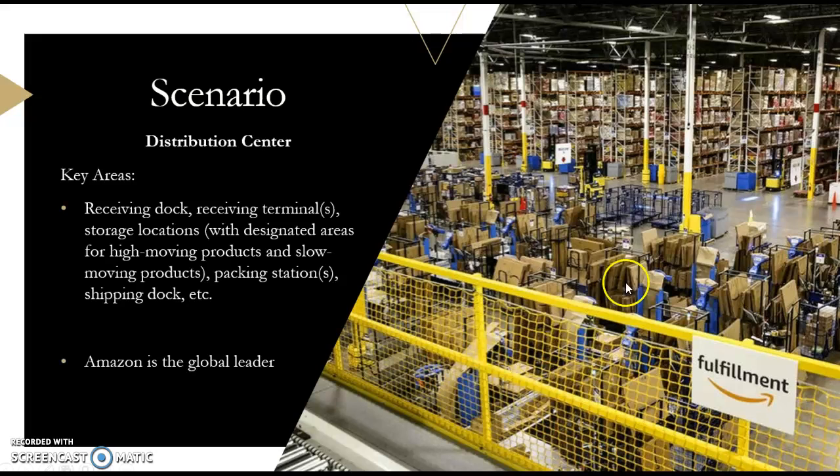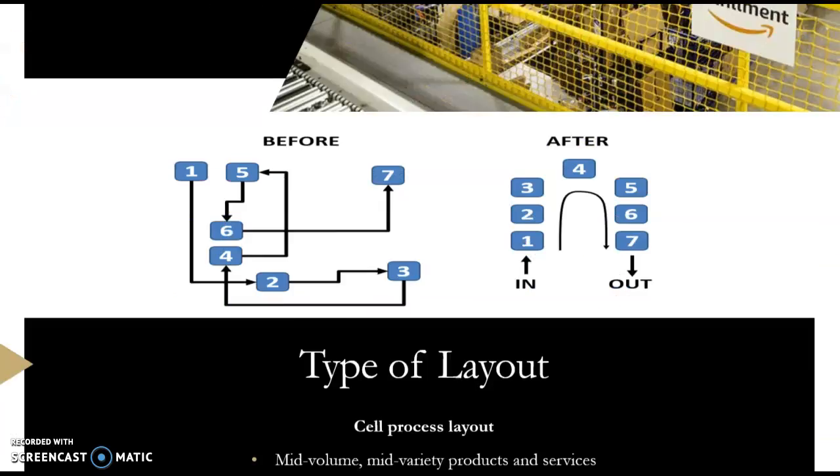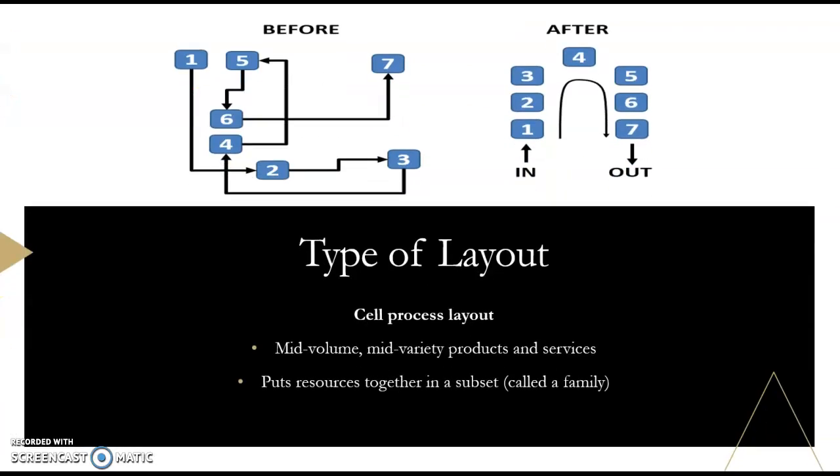And then the picture here to the right, you can see how things get loaded off of the trailers or whatever sort of transport they have to offload the product, and then they get put in the carts here, and then I see as they move down the line, they get stored into even more specific groups, if you will. Which leads me into the next slide, which is the type of layout.